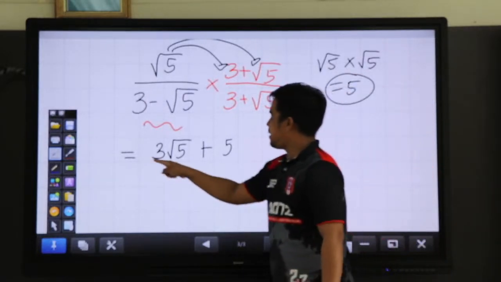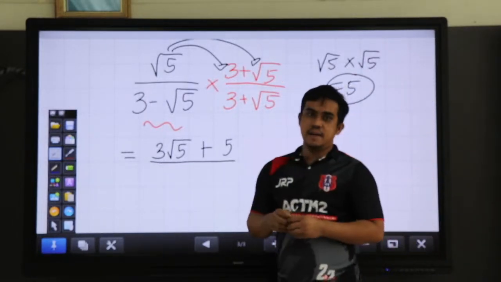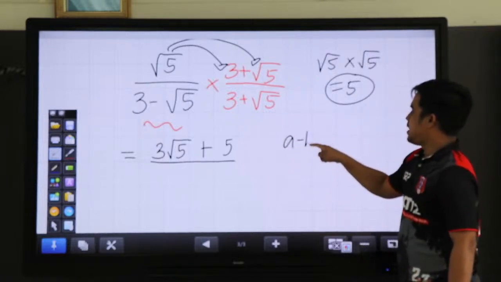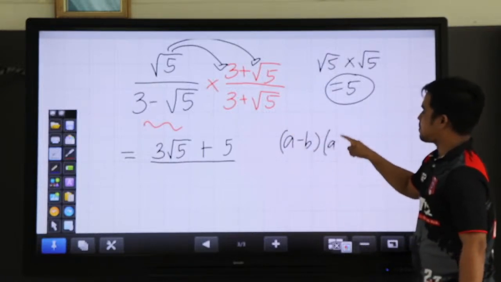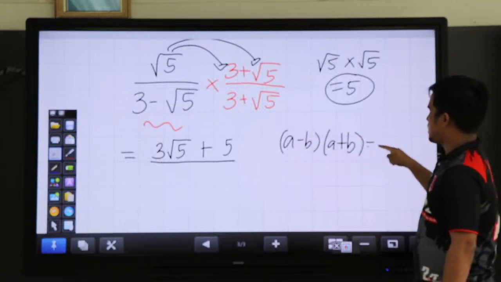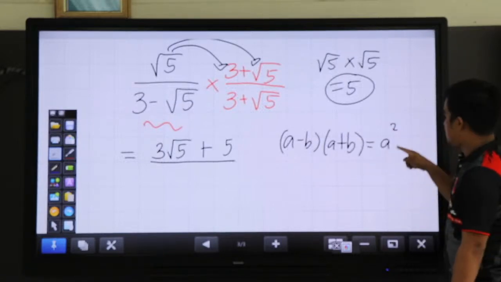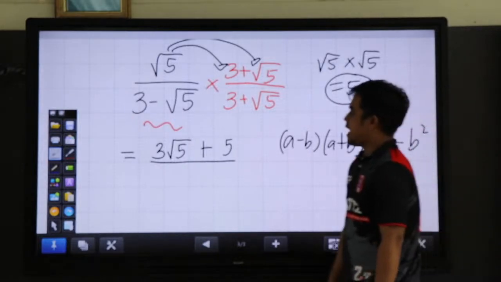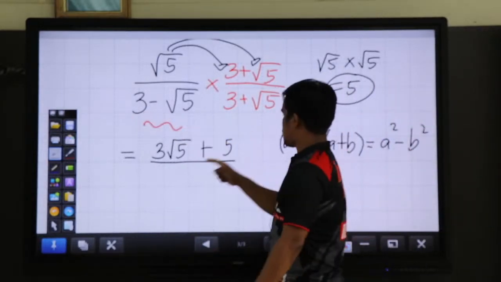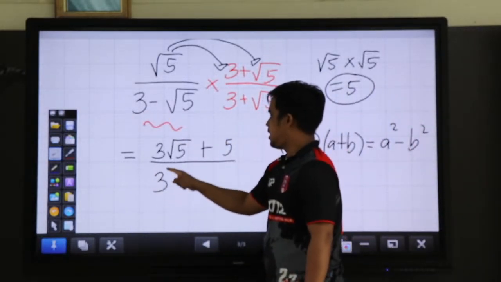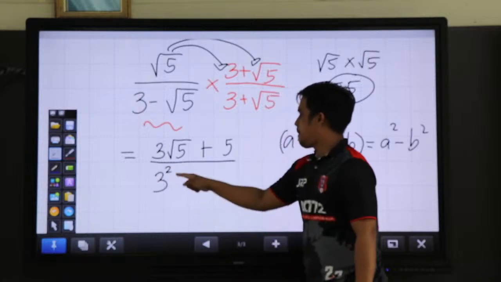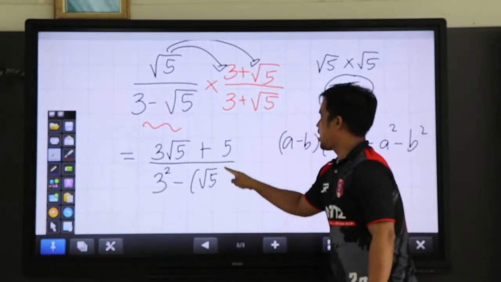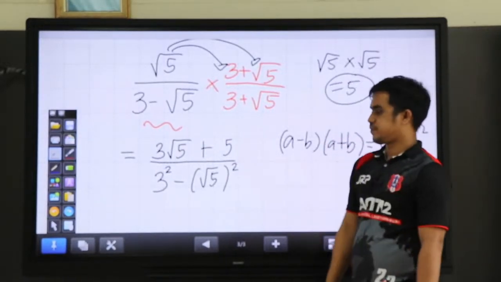Divided by, remember the rule that we have, a minus b times a plus b equals a raised to 2 minus b raised to 2. Remember that? So we have 3 raised to 2 minus root 5 raised to 2.